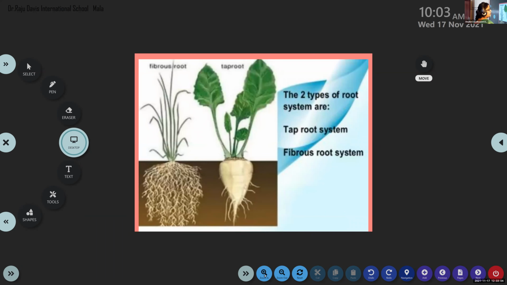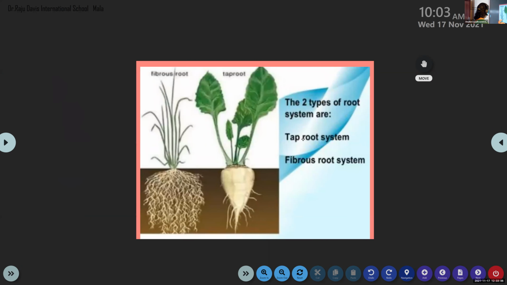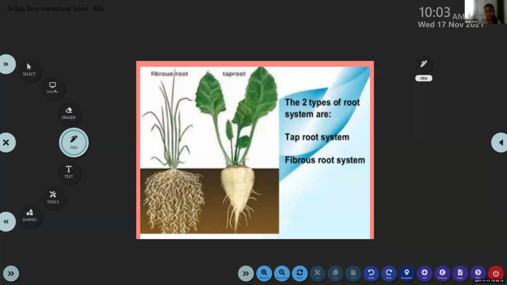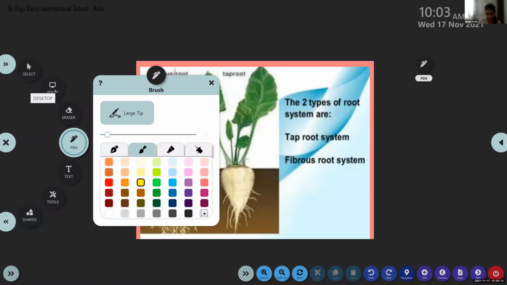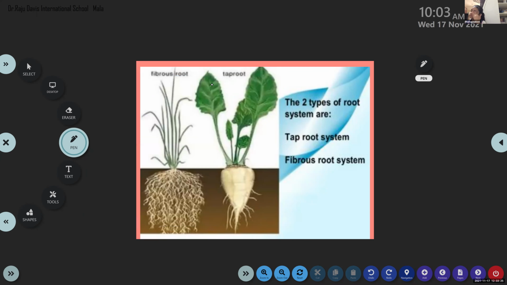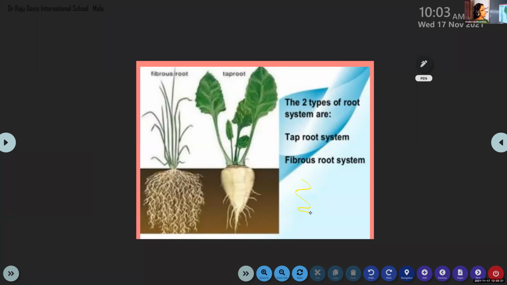What are the things included in the taproot system? Taproot plus lateral root. Okay, so the taproot system consists of taproot and lateral root.